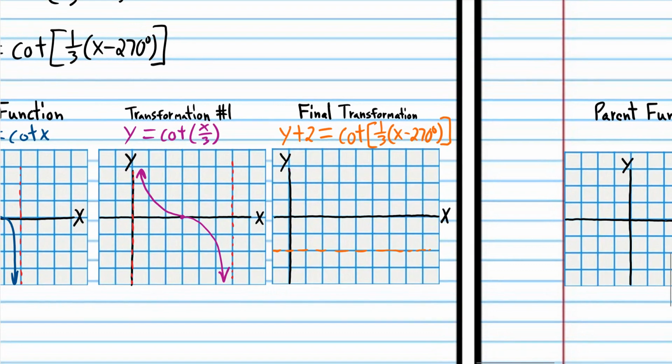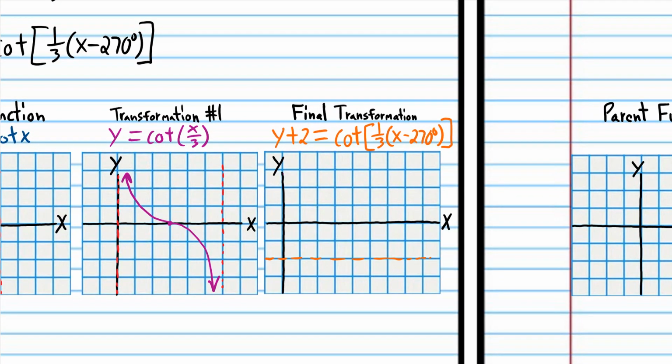So the asymptotes are going to move 270 degrees, 1, 2, 3, and this asymptote is 6 from the y-axis, so we're going to go 6, 1, 2, 3, 4, 5, 6 out that way.